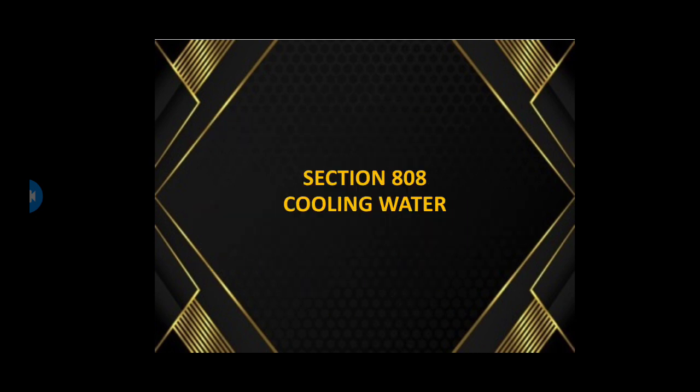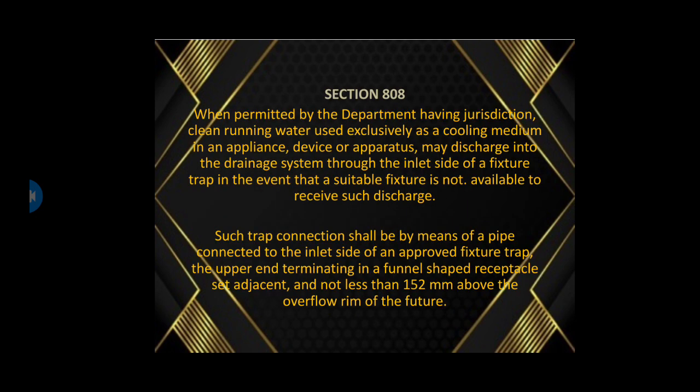Section 808. Cooling water. When permitted by the department having jurisdiction, clean running water used exclusively as a cooling medium in appliances, devices, or apparatus may discharge into the drainage system through the inlet side of a fixture trap in the event that a suitable fixture is not available to receive such discharge.